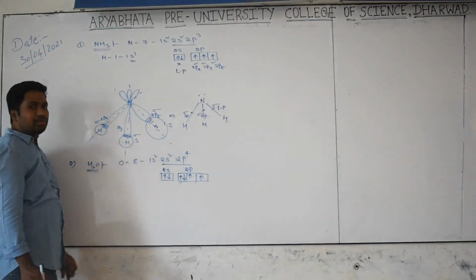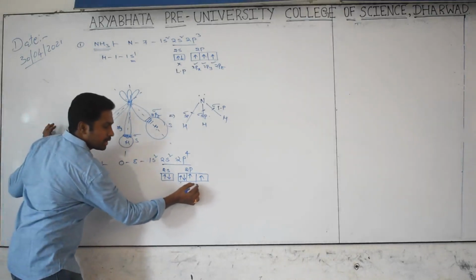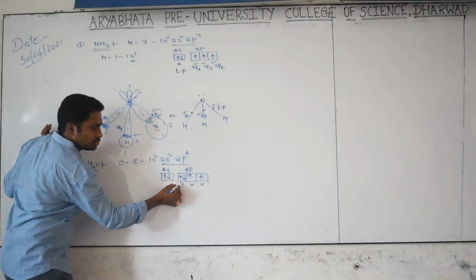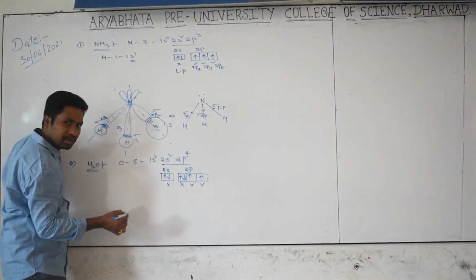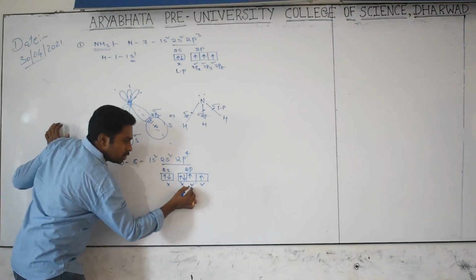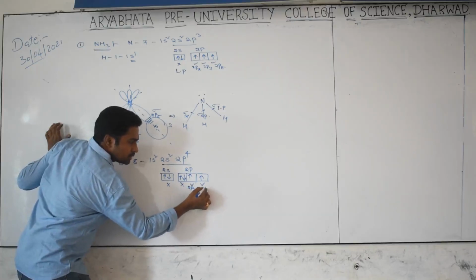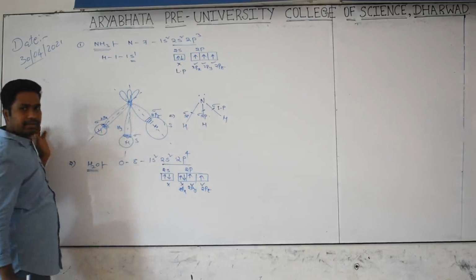Tell me, according to VBT, which orbitals are involved in the overlapping? Valence shell orbitals having unpaired electrons. These two are not involved in the overlapping even though present in the valence shell, because they are paired. Now, which orbitals will be there? 2py and 2pz. And 2px is in the valence shell but paired.